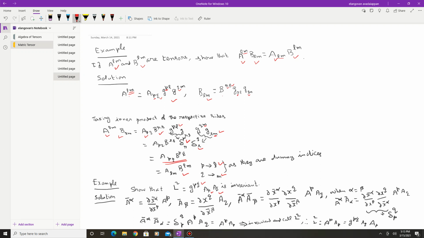So for this, first you take one vector AP, write down this vector and the bar system, so they are related by the transformation. Say A alpha bar is equal to partial dx alpha bar by partial dxp into AP, and the covariant vector in the bar system and unbarred system is related by A beta bar is equal to partial dxq by dx beta bar into AQ.